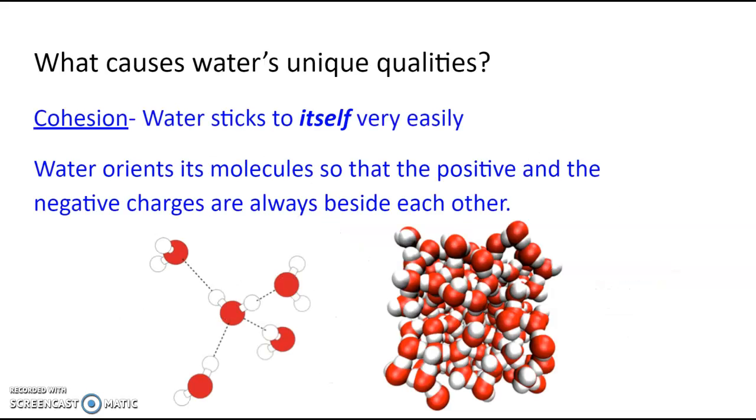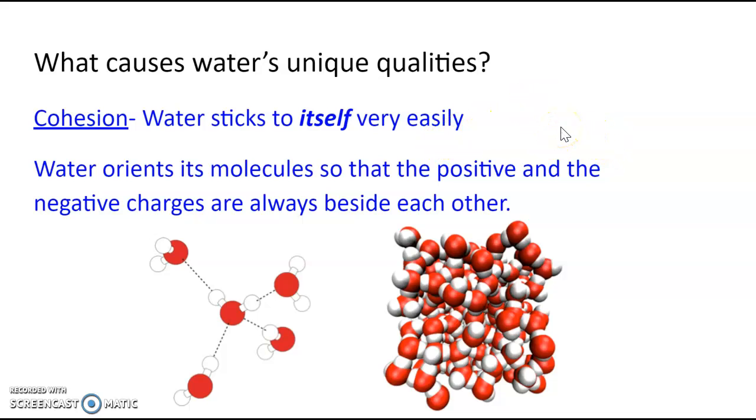So now that we know about this hydrogen bonding intermolecular force that holds all of our little water molecules together, we can start to think about these unique properties. So one of these is cohesion. And cohesion means that water sticks to itself really easily. It's really good at sticking to itself.